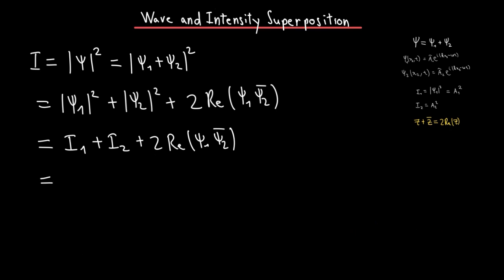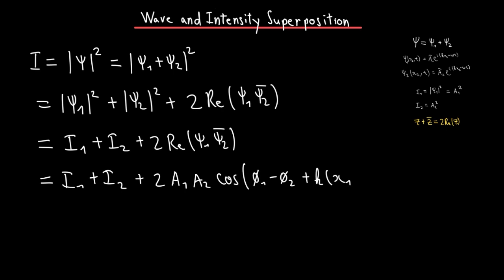And therefore we get I1 plus I2 plus twice a1 times a2 cosine of (phi1 minus phi2 plus k(x1 minus x2)).